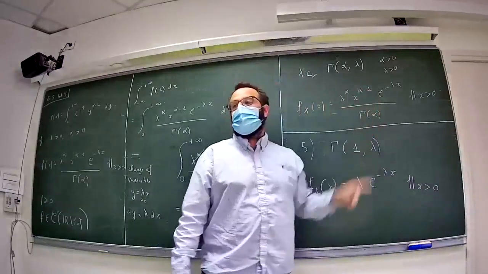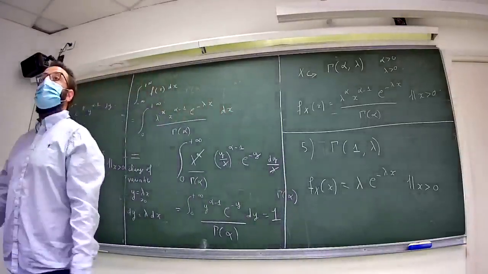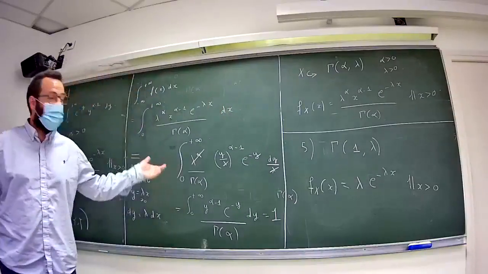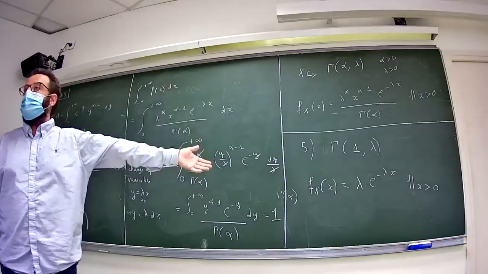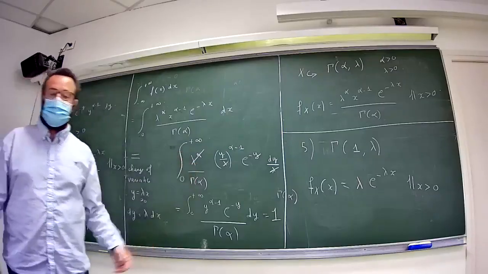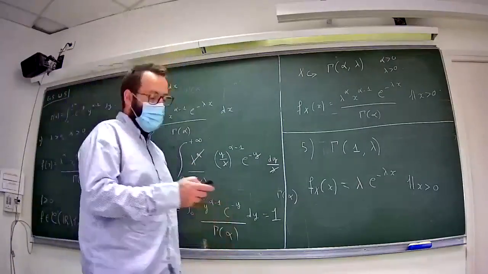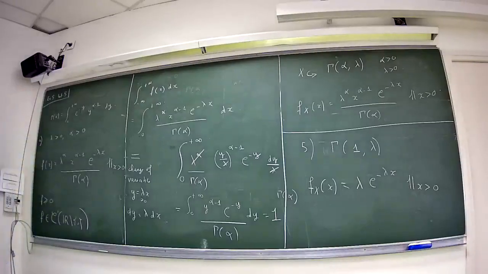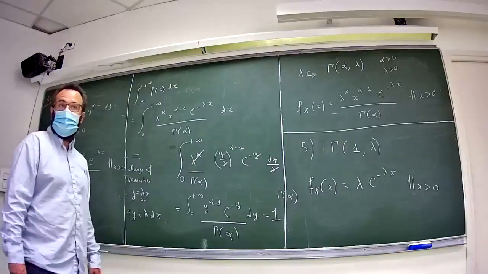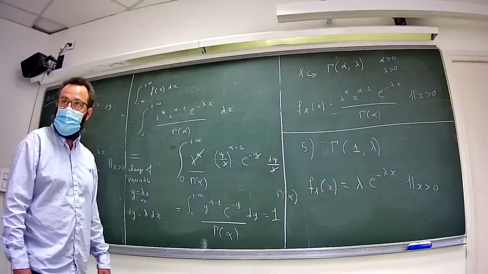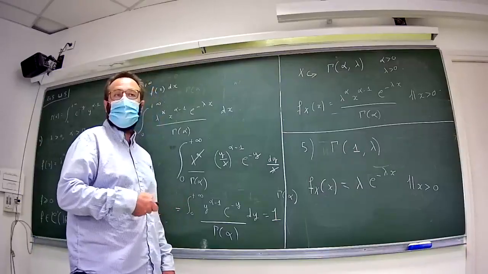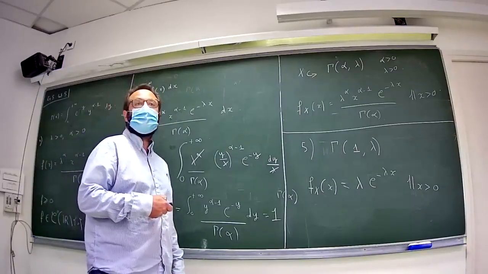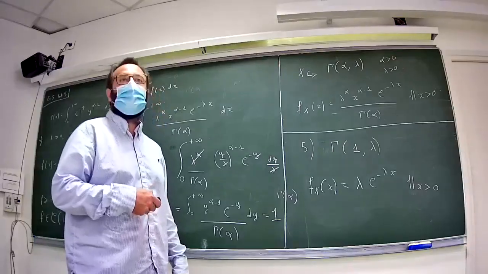And below I have gamma of 1. And what is gamma of 1? 1. Okay, so it's finished. And here you see exactly the density function of an exponential of parameter lambda. So I recognize that taking alpha equal to 1, I recover the density function of an exponential of parameter lambda. So typically, what is the expectation of a gamma(1, lambda)? It's 1 over lambda.